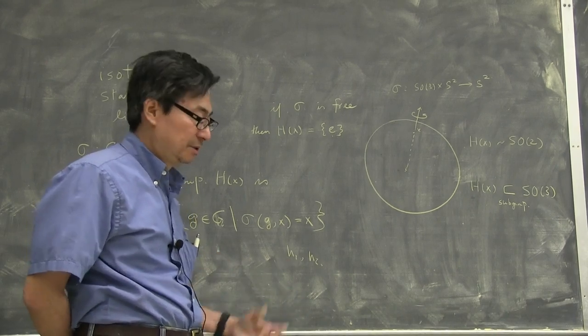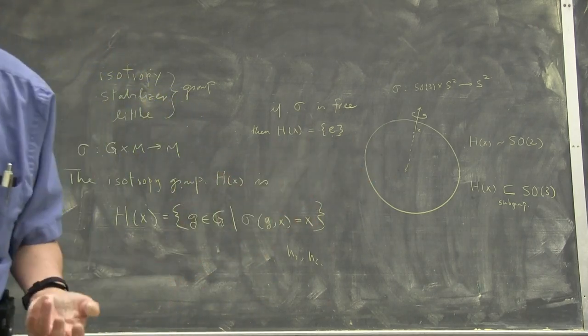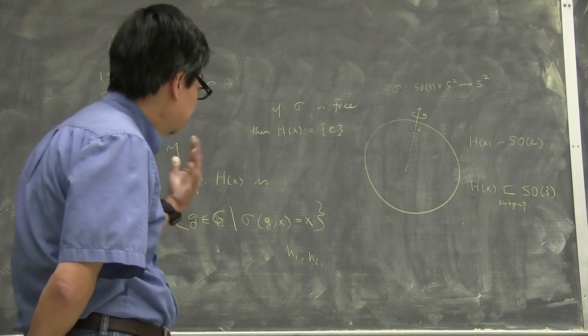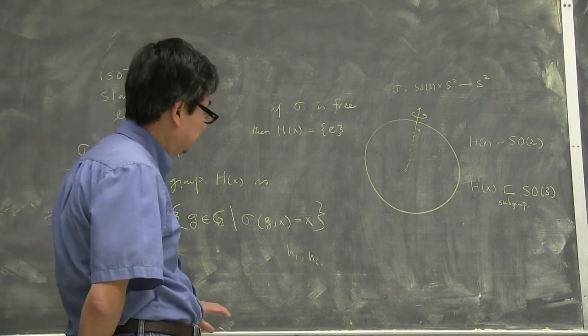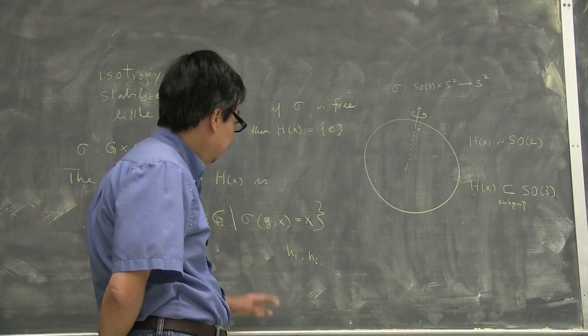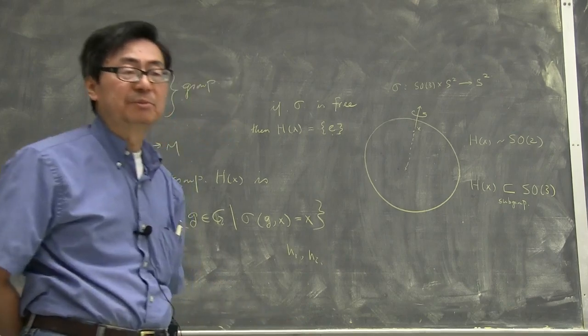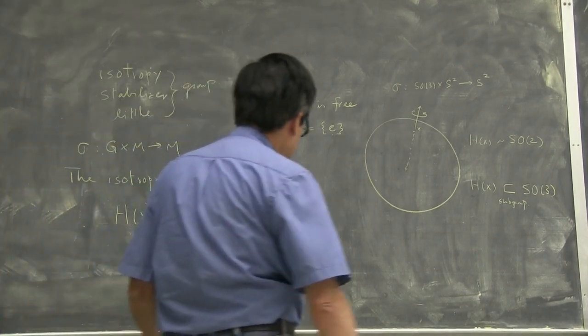Then the multiplication is associative, which is obviously true because group multiplication in any group is always associative. And finally, it has its own inverse and so on and so forth. So we just really need to prove that if there are two elements that are in the same isotropy group, then the product of these two must be in the same isotropy group, and that's quite obvious, okay?